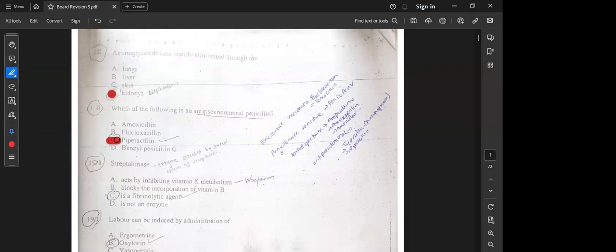Meanwhile, someone can mention the beta lactamase producing microbes. Which ones are these? I know E. coli, Staphylococcus aureus.